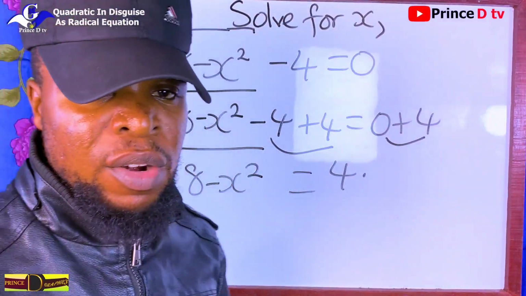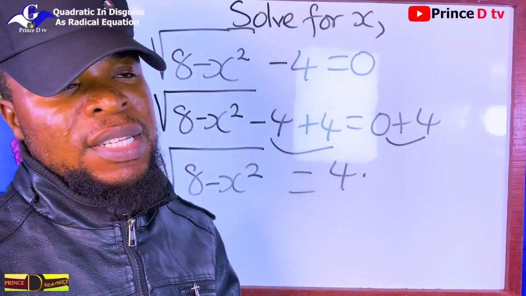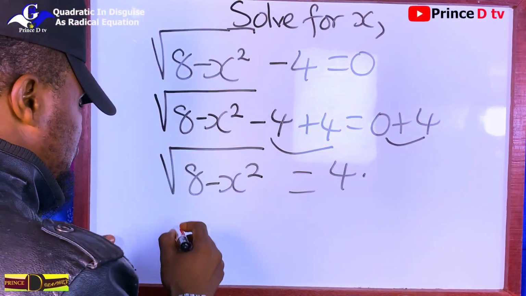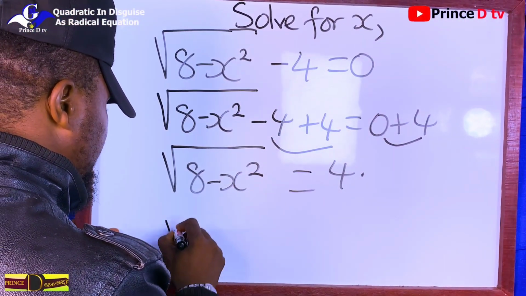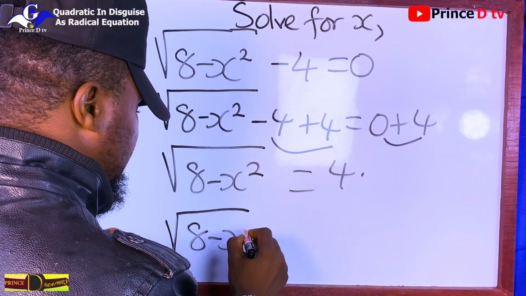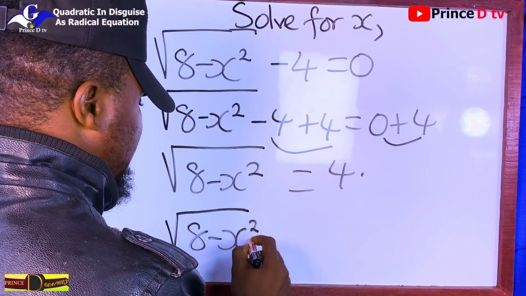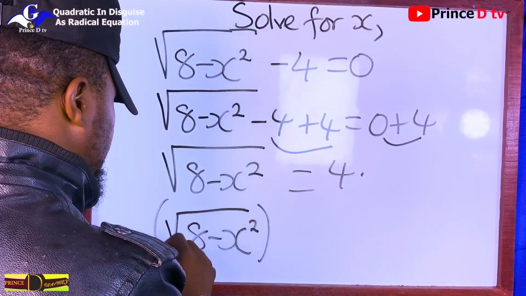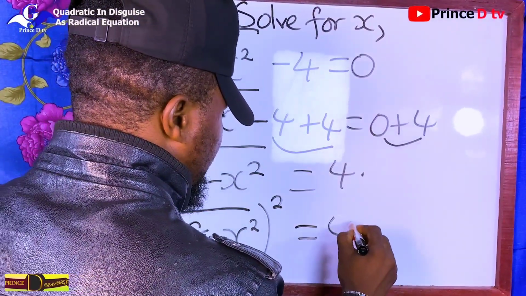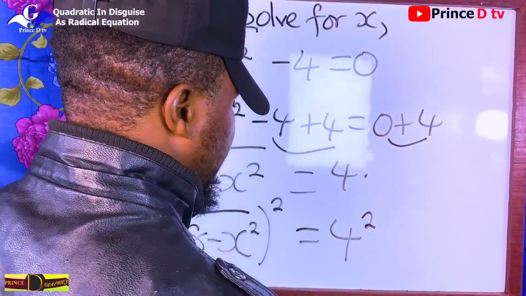And how do we take care of the square root sign? Of course it's by squaring both sides of the equation. So doing that, we have the square root of 8 minus x squared, remember, we are squaring both sides, to be equal to 4 squared.